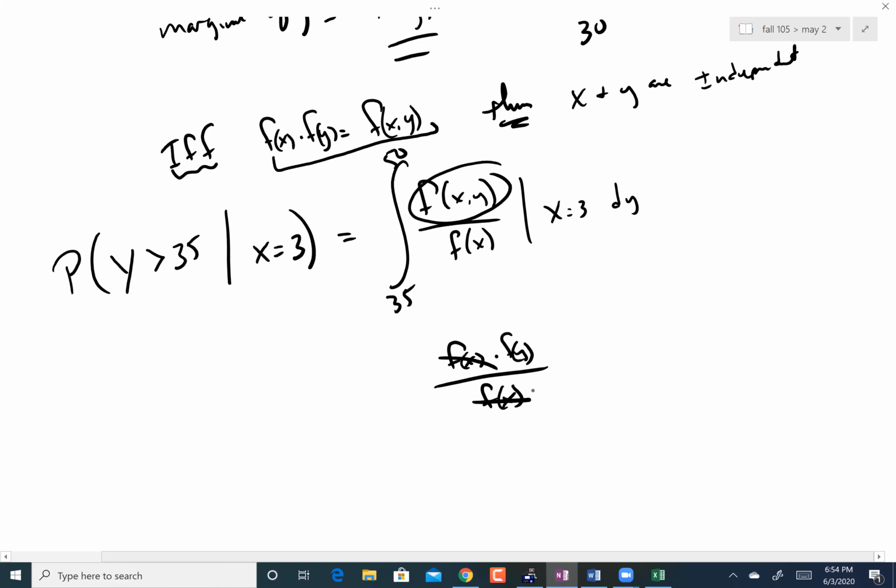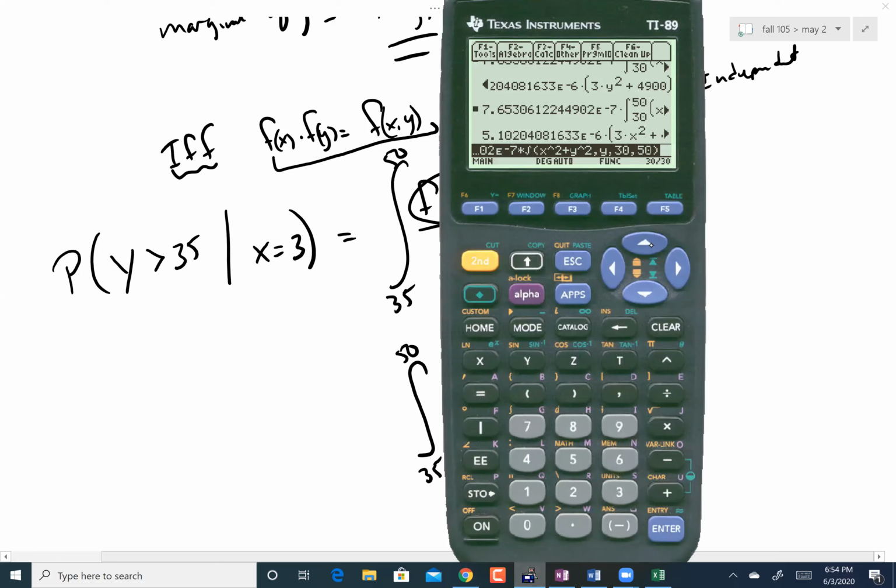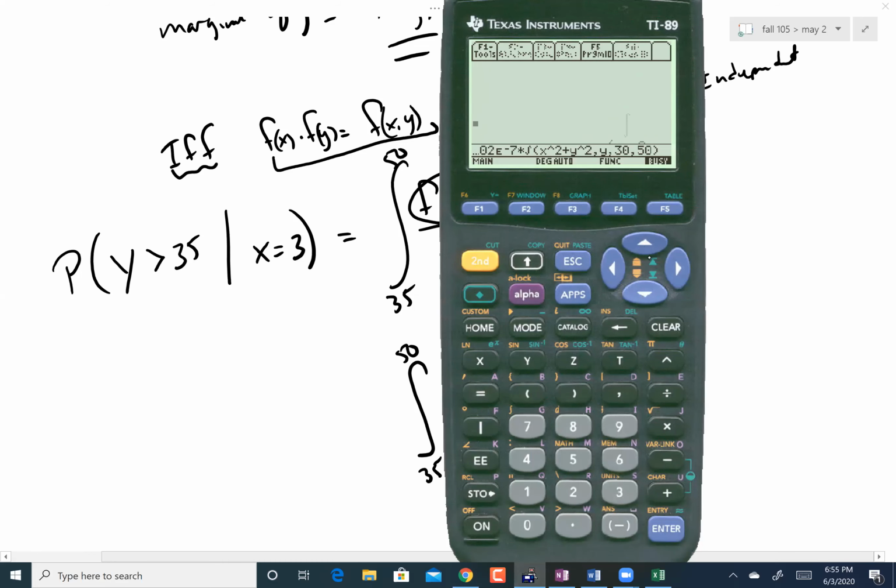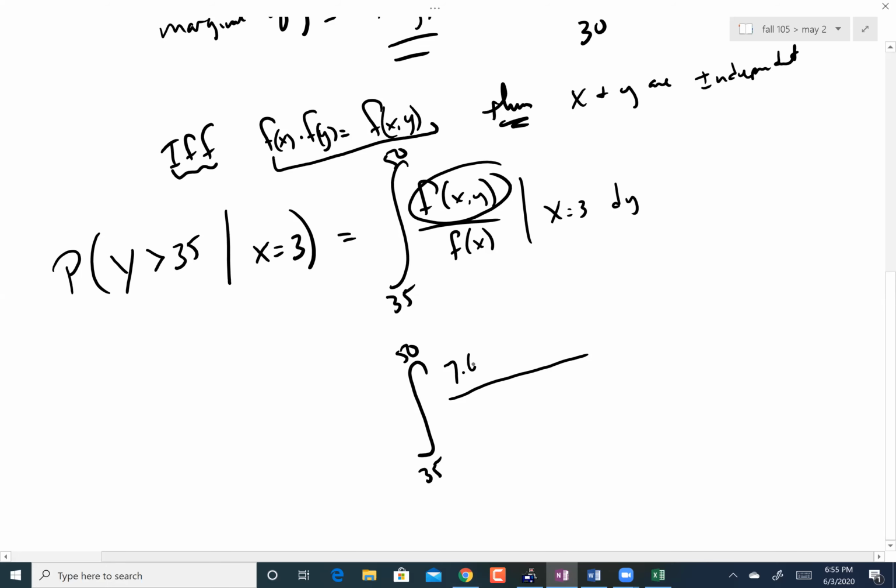So let's go ahead and pop one of those out like this one here, 35 to 50. Now I know what the marginal of x is. The actual value of the function is 7.6 e minus 7 times x squared plus y squared.